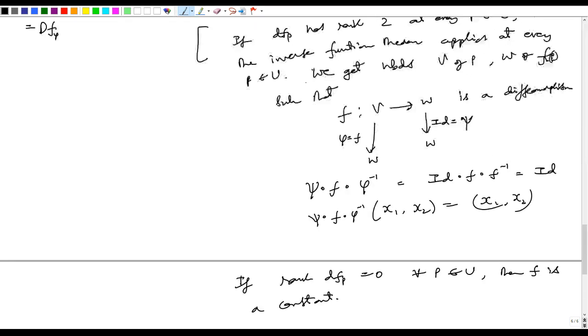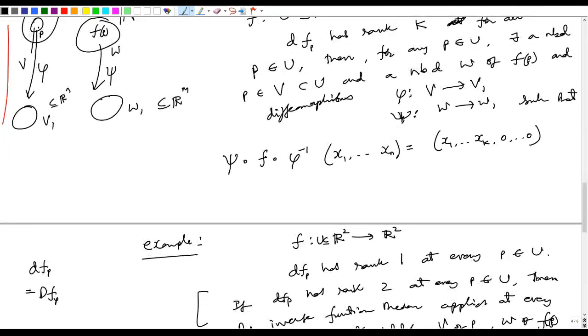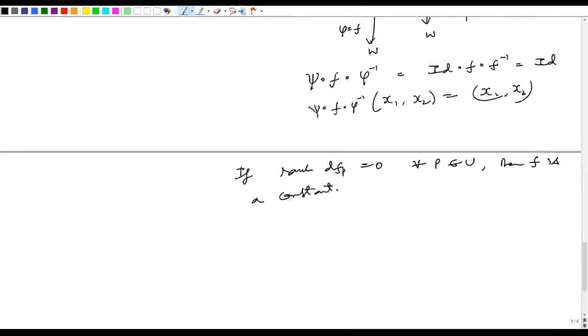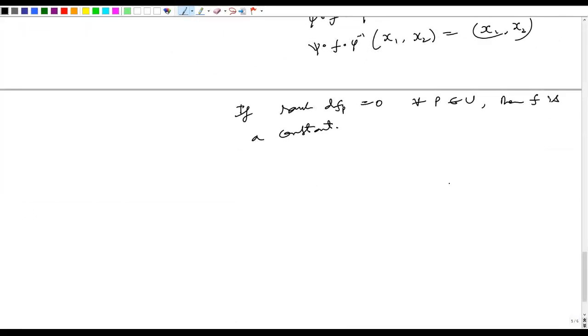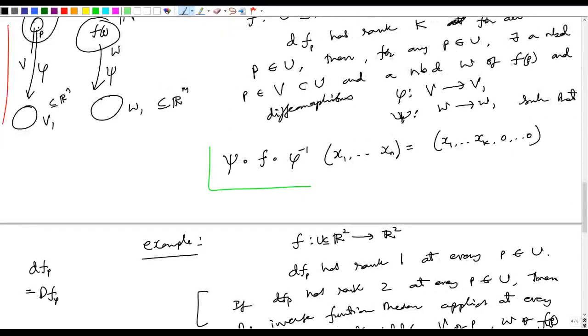But in fact, if we want to state it exactly like what I did here, if I want this form, I still have to choose some phi and C. After all, f is a constant, let's say q, i.e. f of x equals q for all x in U. But according to this equation, the green equation that I wrote here, if f is a constant, I should get k is 0. So in other words, the x variables do not appear at all. Only 0 should appear.